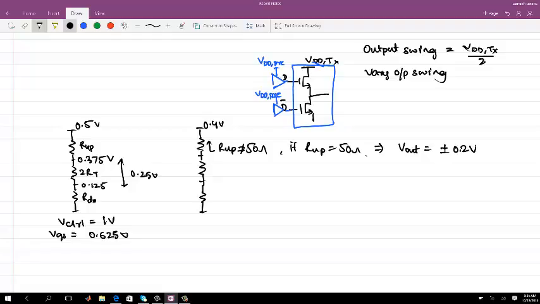And the current consumption in this case is how much? 2.5 milliamps. Whereas in this case, the current consumption is equal to 2 milliamps. It means if I fix that this is 50 ohms and 0.4 by 200 ohms, that's 2 milliamperes of current. So the current has reduced.